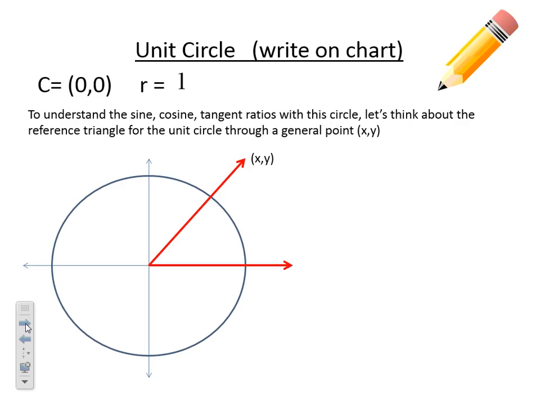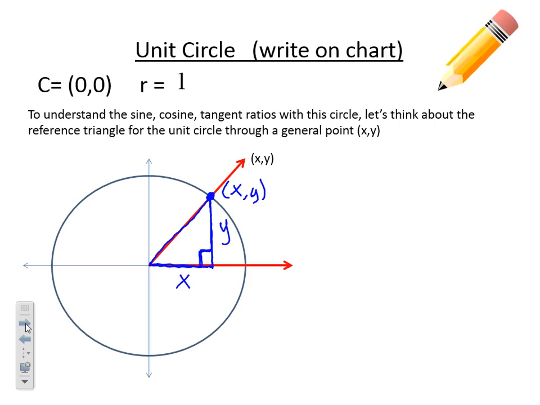So if I'm going to create my reference triangle, and I call this x, y, that means I had to go x units to get there, and I have to go y units up. So on my reference triangle right now, I have the 2 legs of my right triangle.